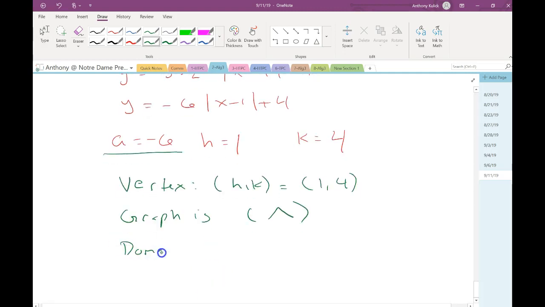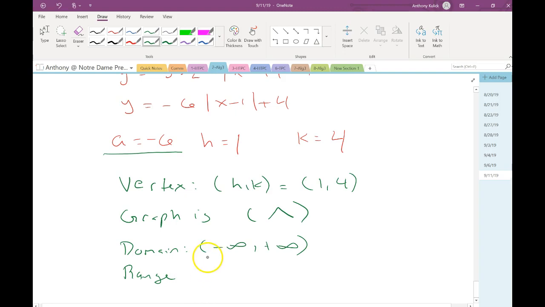I can say the domain is always, for all absolute value functions, negative infinity to positive infinity. And now, since I know the graph is wedge-shaped, I can say something about the range.